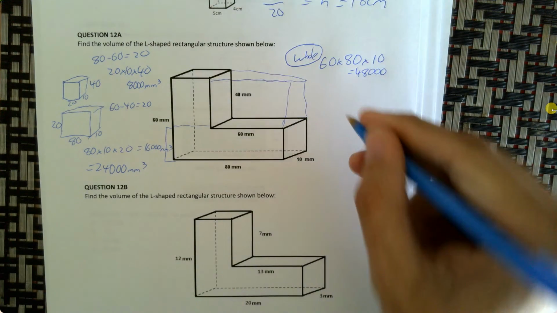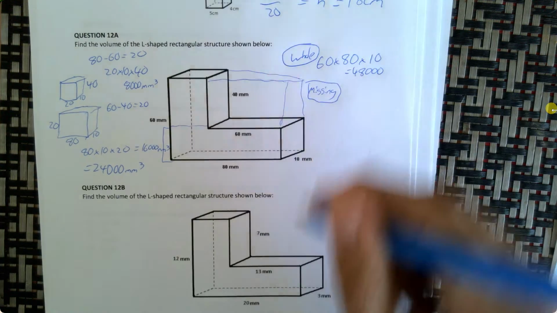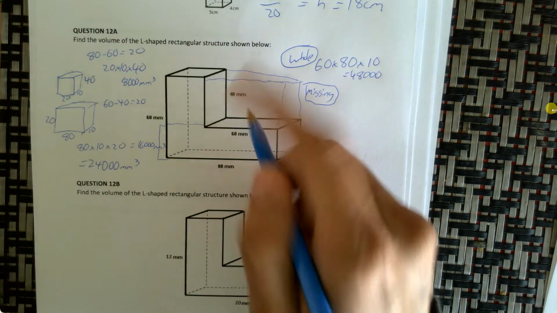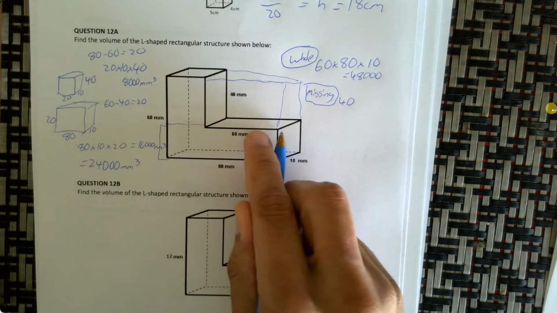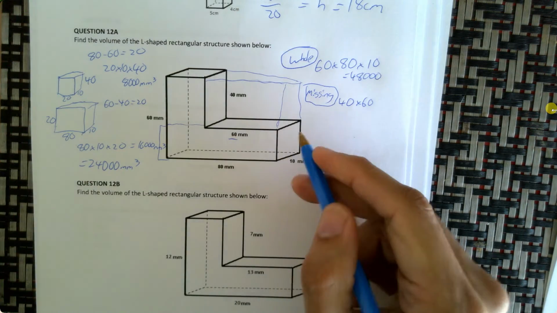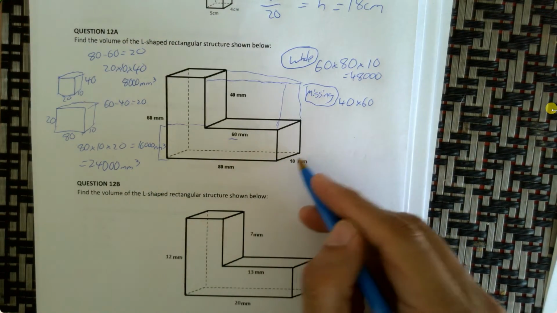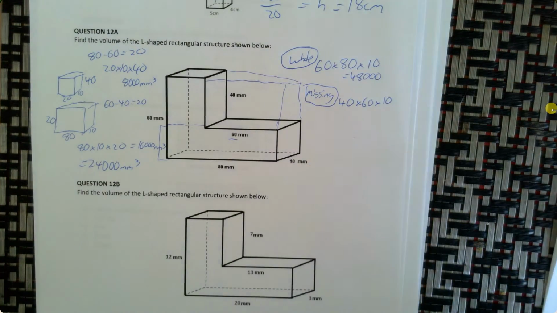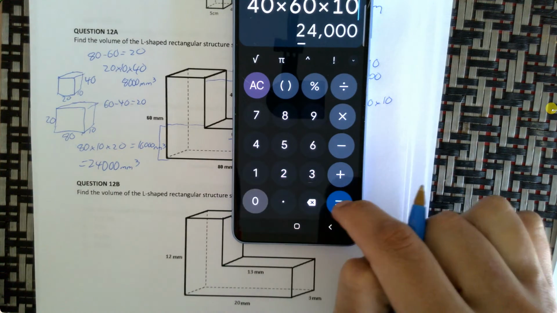And I've got to subtract the missing part, so I'm going to call it missing. Okay? Missing part is 40 high, is 60 across. See the 60 there? And the height, and the depth will be 10. 40 times 60 times 10. 24,000.